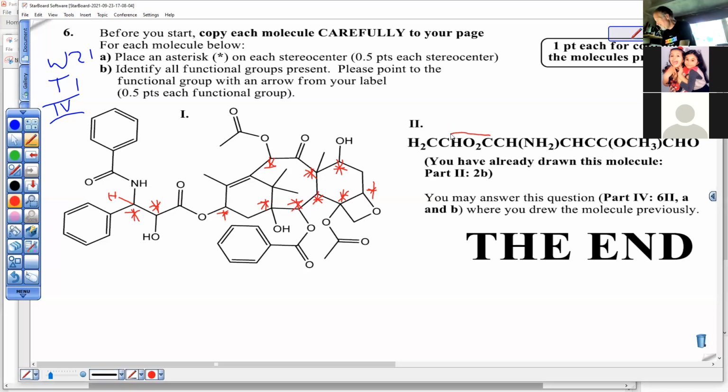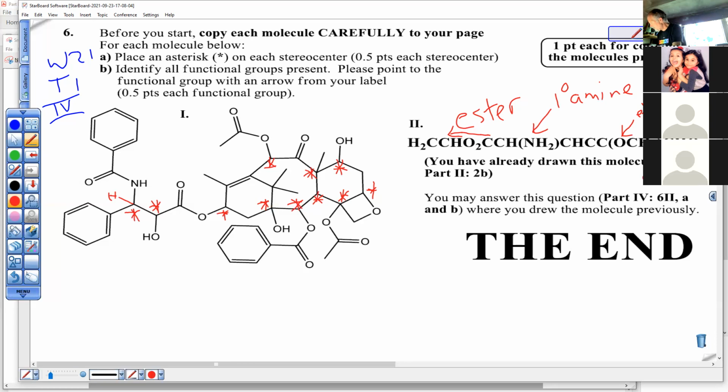When you see CO2C that way, or the other way, it's an ester. When you see an NH2 that's not attached to a carbonyl, it's a primary amine. An O attached to a carbon that's not a carbonyl is an ether. And this is an aldehyde.